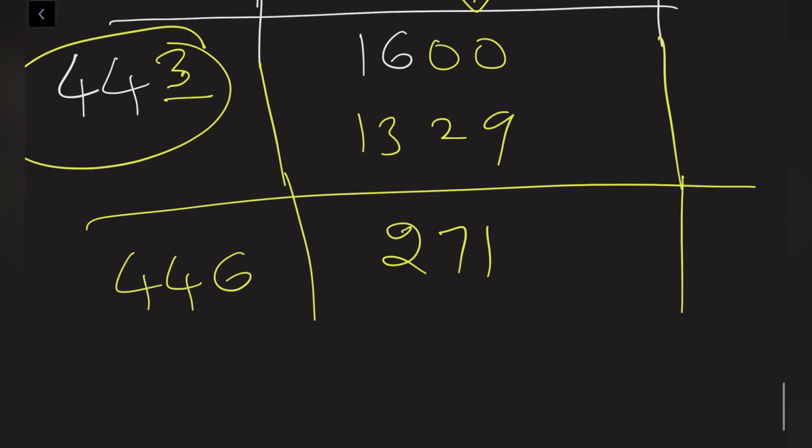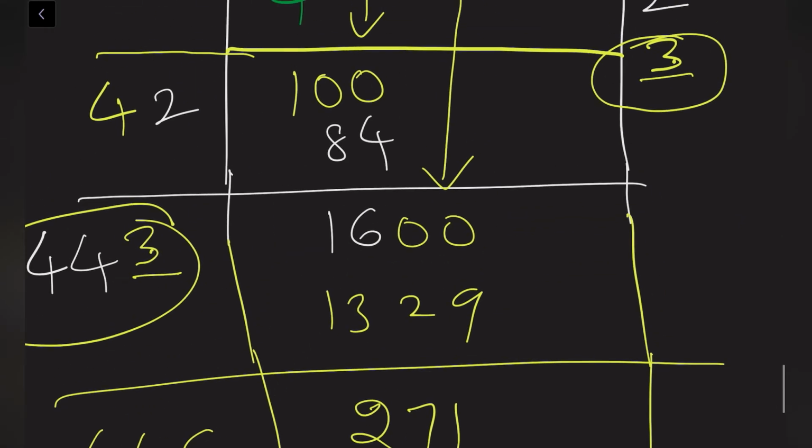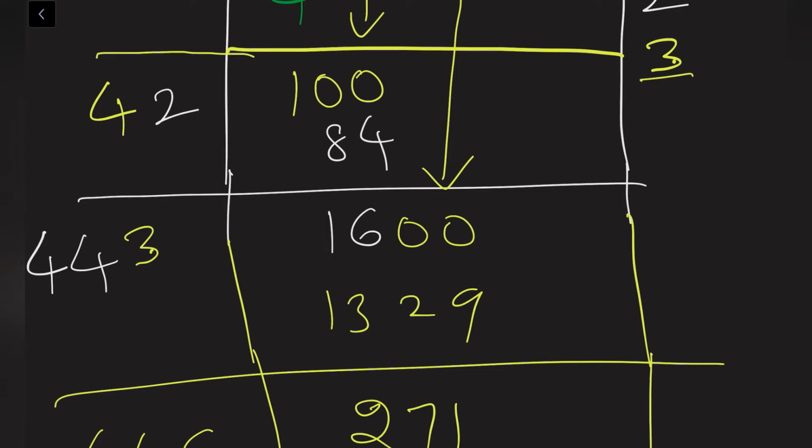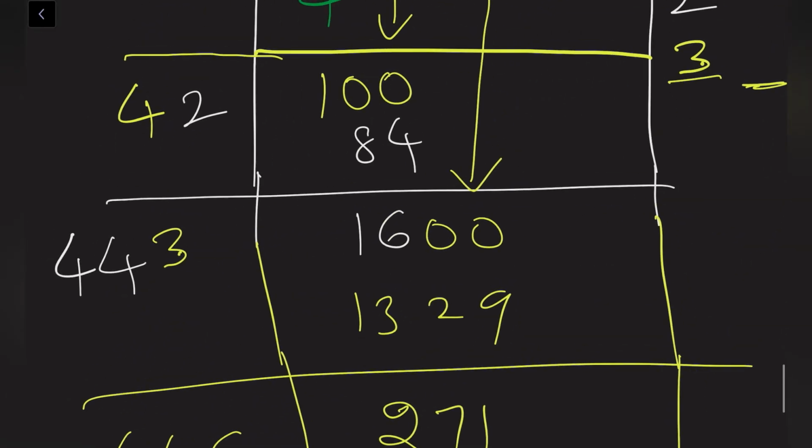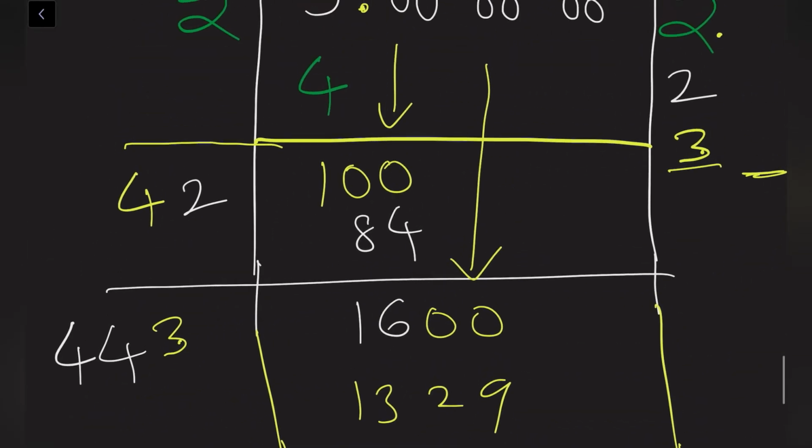446. Now beside this 446 and after this digit 3, we need to write one more digit again. What will be that digit? So drop 2 more zeros again.